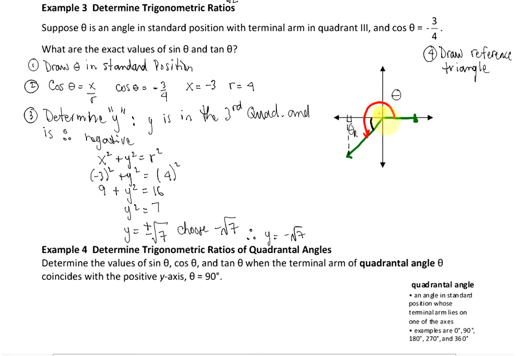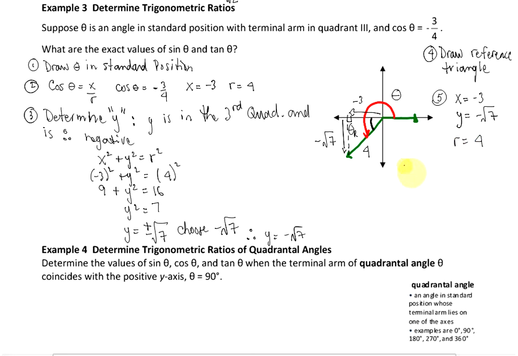We know that x is negative 3, and we know that y is negative square root of 7, and we know that r is 4. So why don't we just write that down here. We know that x is negative 3, y is negative root 7, and r equals 4.